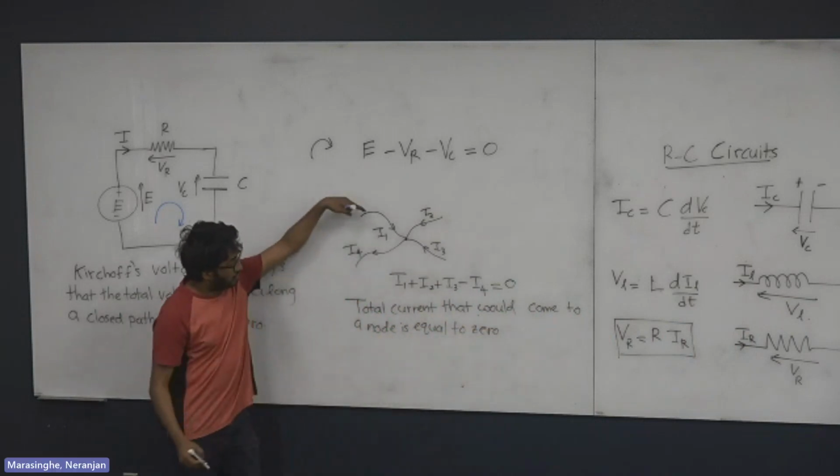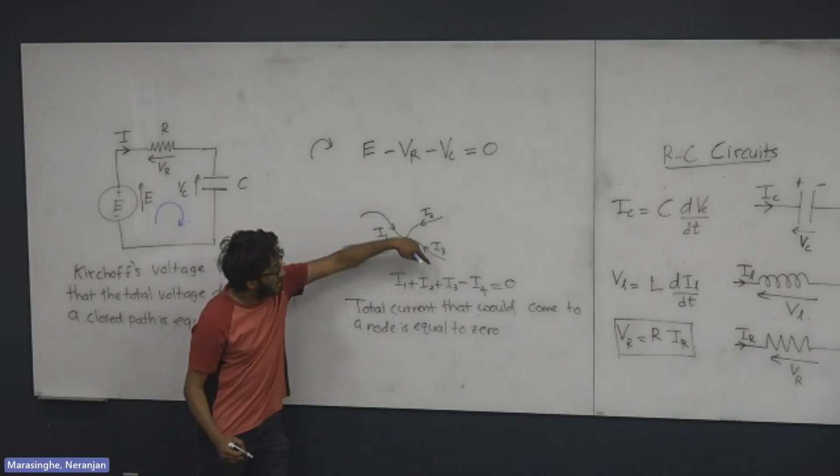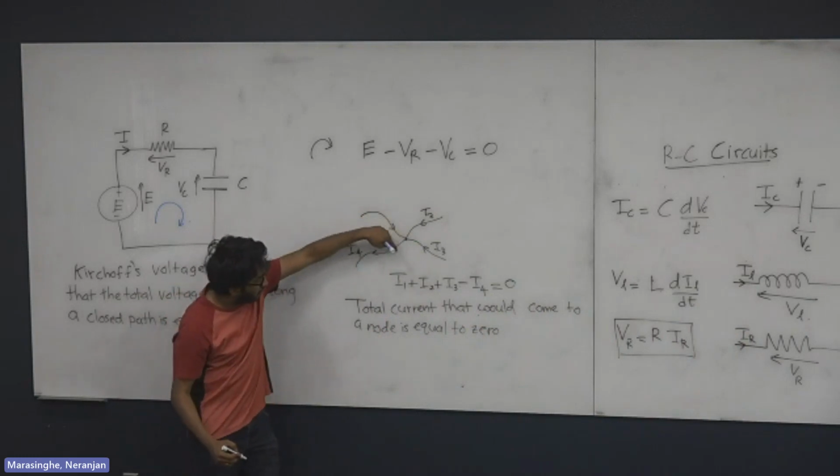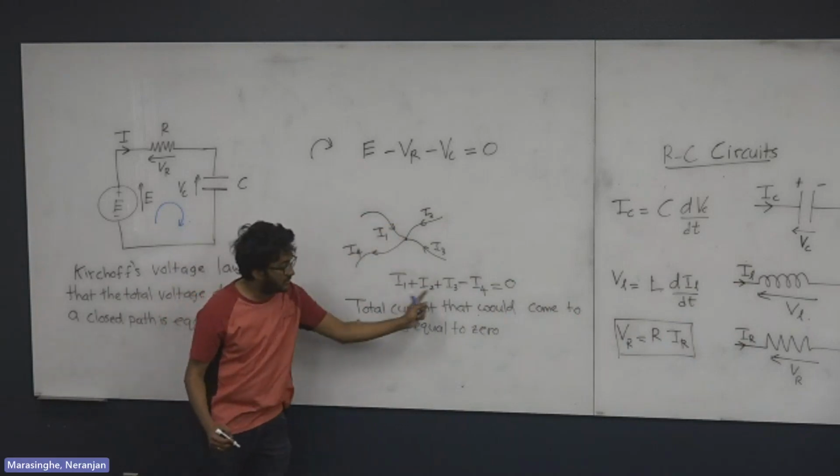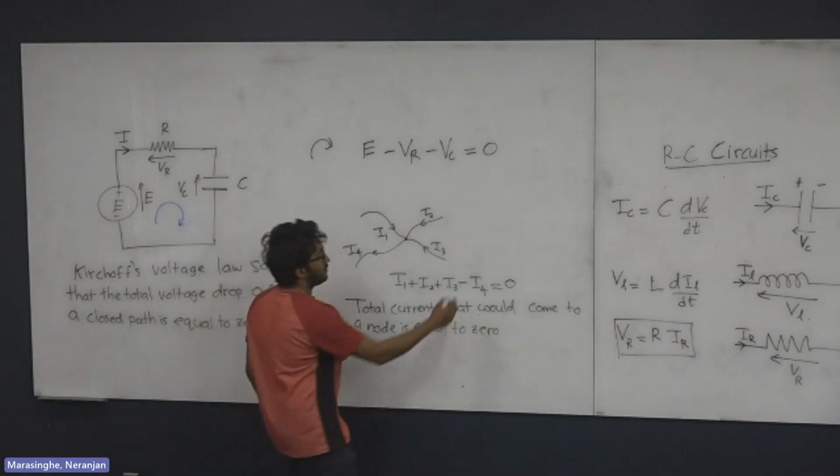I1 comes to this node, I2 comes, I3 comes, I4 goes away, but negative I4 comes to this node. This is Kirchhoff's current law.